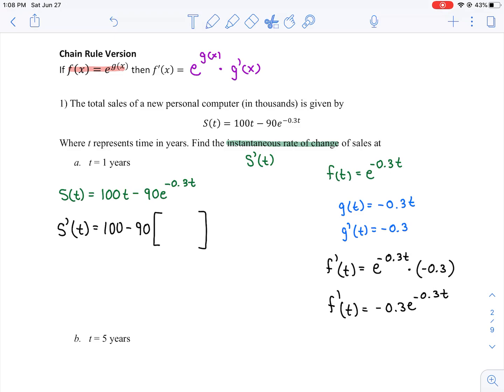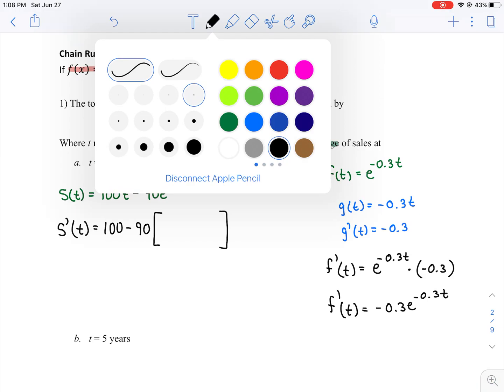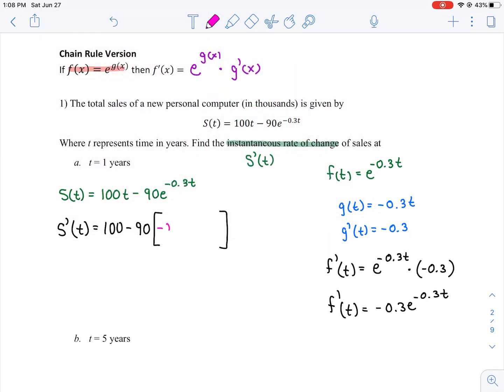And that's what goes in the brackets right here. So the derivative of S with respect to t is 100 plus 27 e to the negative 0.3t.